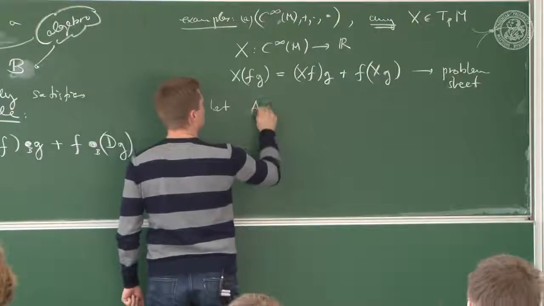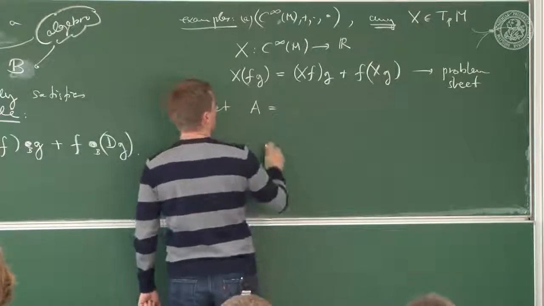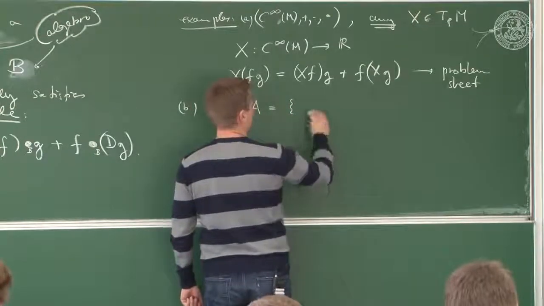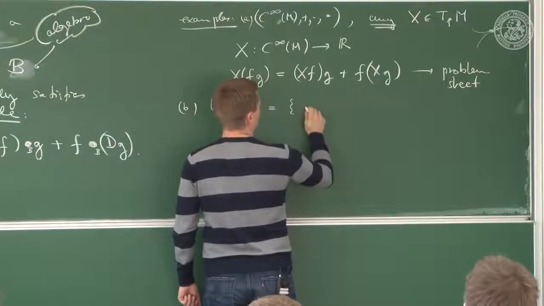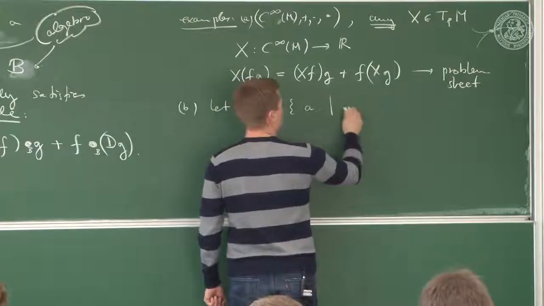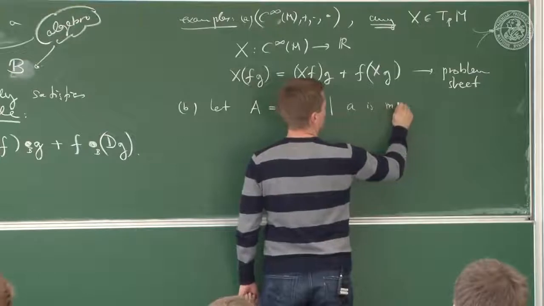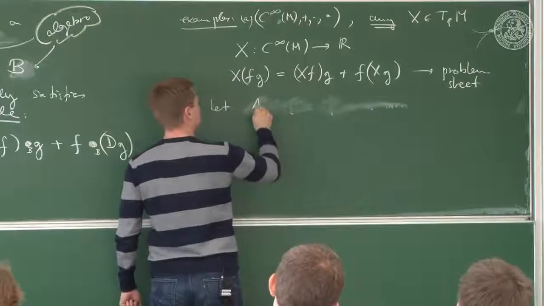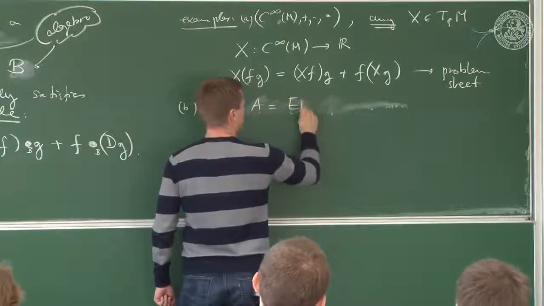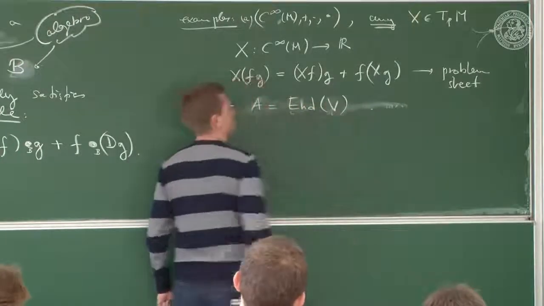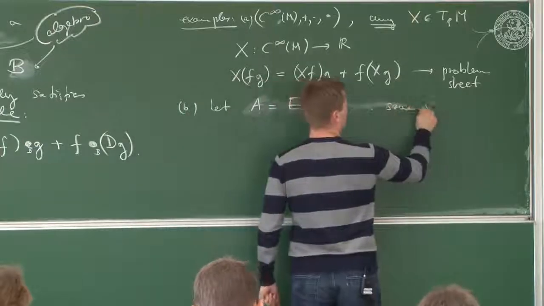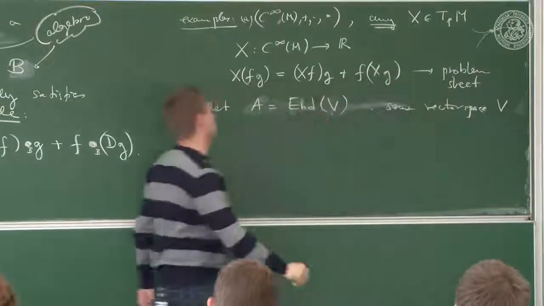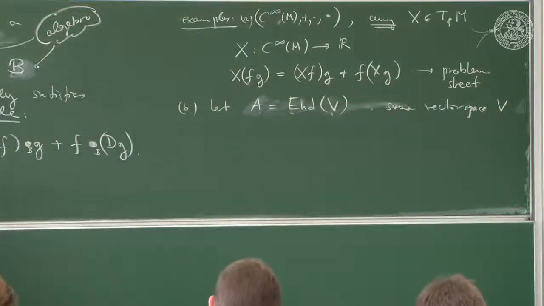Let A be the set of all endomorphisms on some vector space V. We take the endomorphisms.